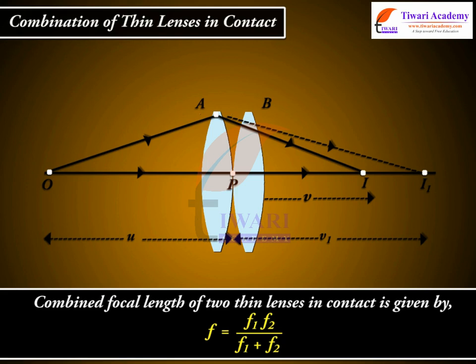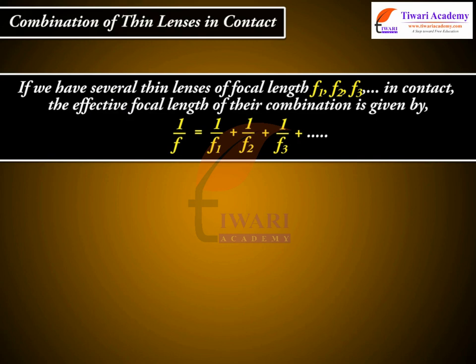If we have several thin lenses of focal lengths f1, f2, f3 in contact, the effective focal length of their combination is given by 1 by f is equal to 1 by f1 plus 1 by f2 plus 1 by f3 and so on.